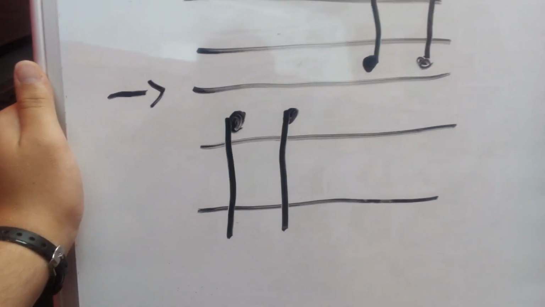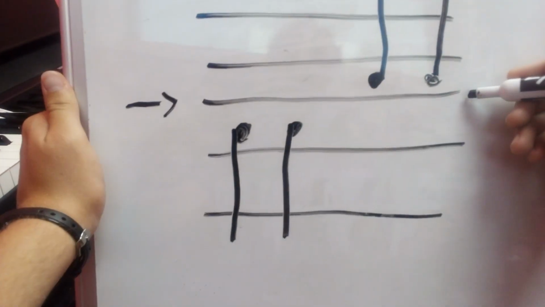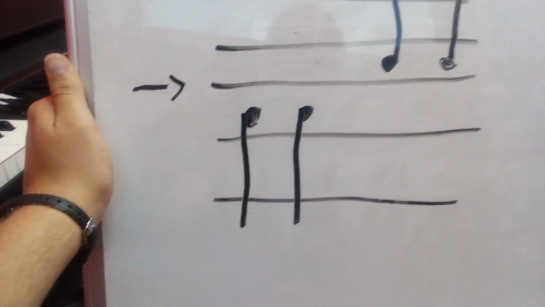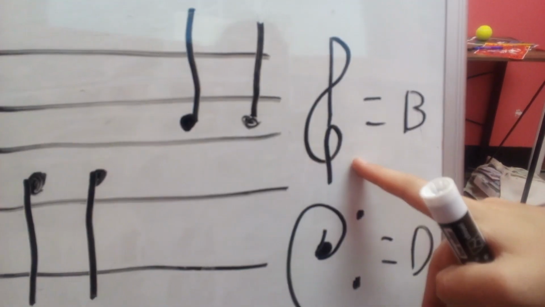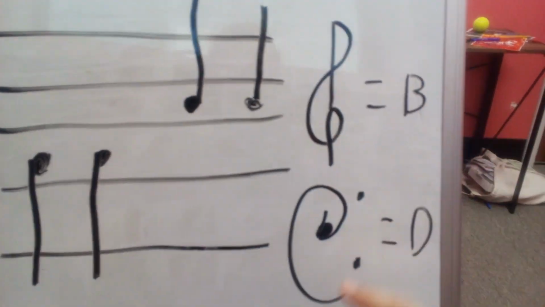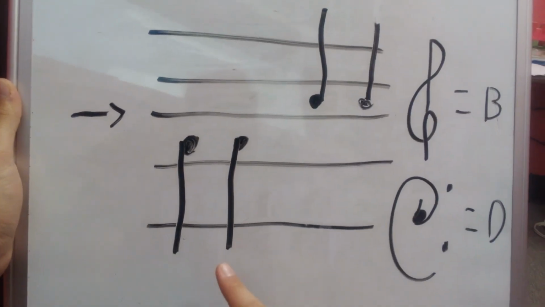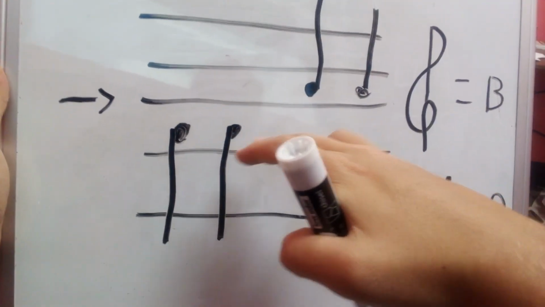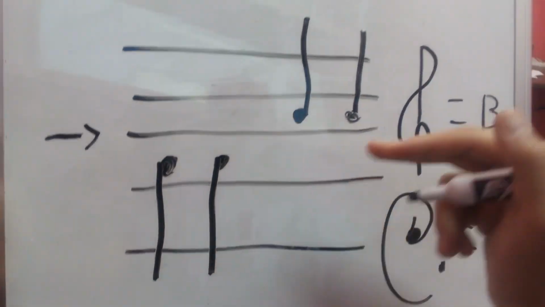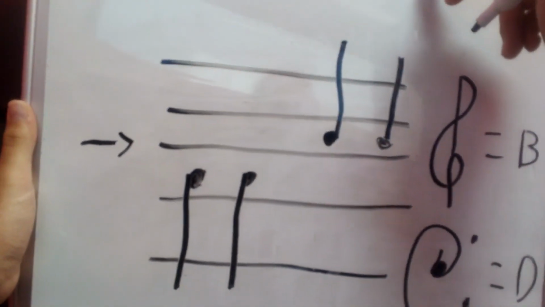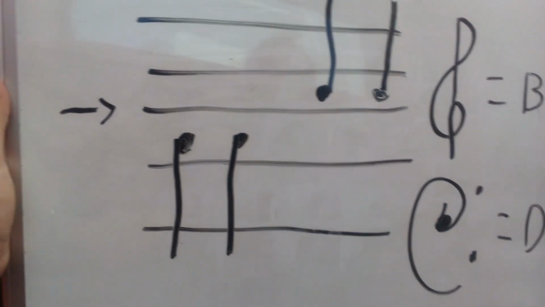And the reason for that is whenever you're reading music, if a note is higher than this middle line, which in our treble clef, which is told by this symbol, is B, and in bass clef, which is told by this symbol, is D. Now, if a note is under this middle line, its stem, which is what these are called, goes down. But if it is above this line, its stem goes up. And this is going to be the case for pretty much any piece of music.